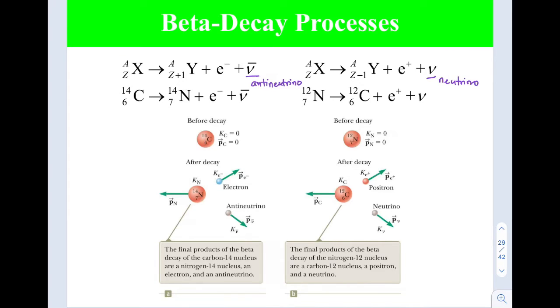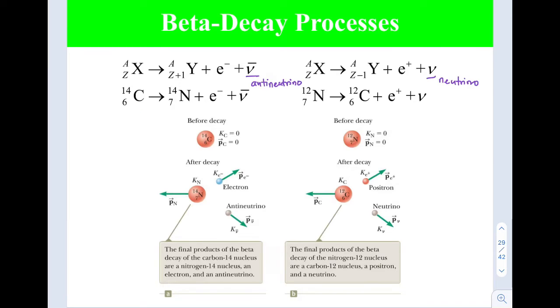What's the difference? It's just like positive and negative. To complete each one, it is just the opposite. Because this one is positive, it must be followed by a neutrino. Because this one is negative in charge, it must be followed by an anti-neutrino. They are actually in opposite spin. To talk in detail about this involves the spin, the arrangement of the spin.